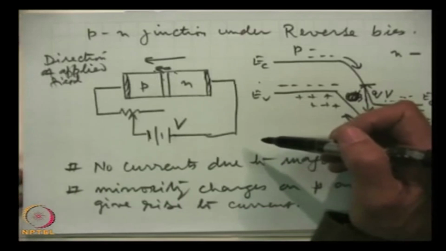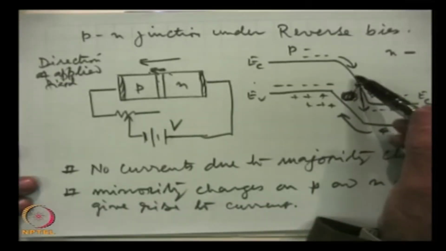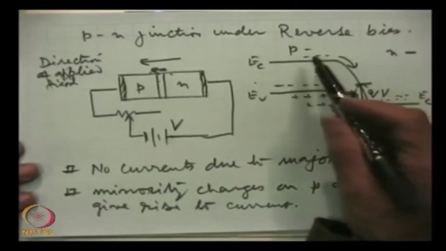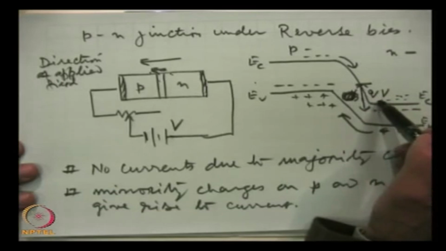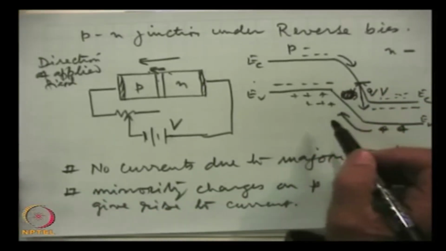This is a very important point to remember, that reverse current is almost independent of the applied voltage, because the reverse voltage will change the barrier height. If this height is made more or less, that does not make a difference, electrons anyway will fall, and similarly these holes will fall to the p side.